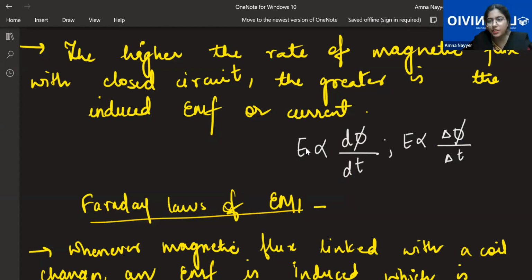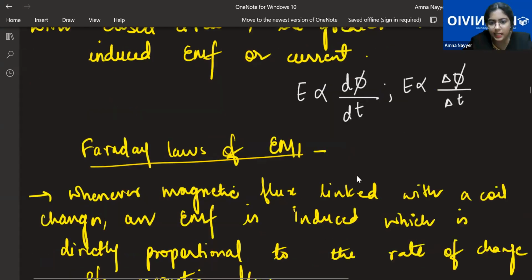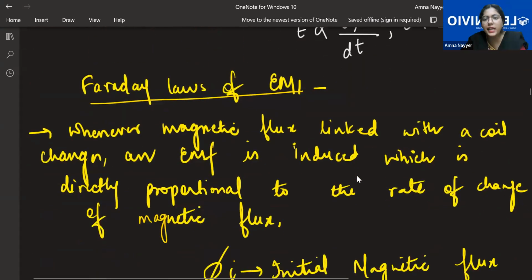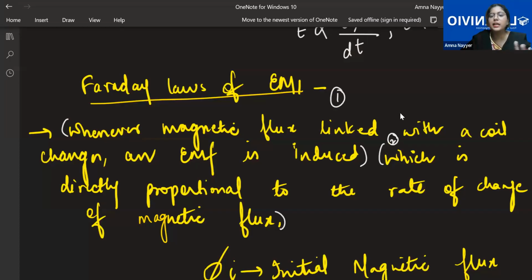Now this elaboration I'll do next, but first write it till this point: whenever magnetic flux linked with a coil changes, EMF is induced. This is the first law of Faraday. Second, EMF is directly proportional to the rate of change of magnetic flux.